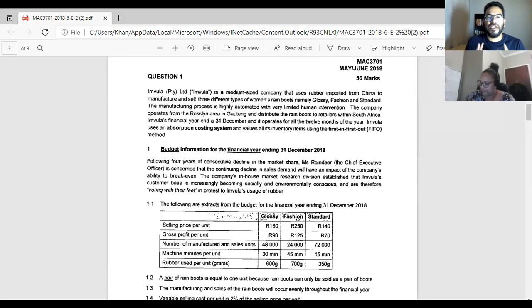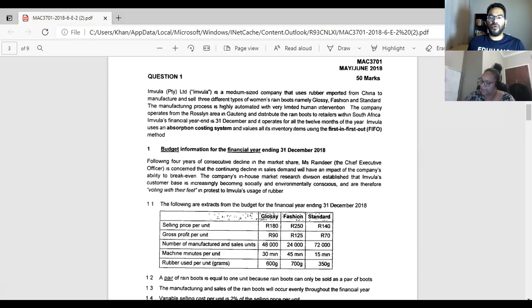It's not very big to understand that from a Mac point of view, but generally in accounting, it's nice to know that you must take note you're busy with a private company. They import rubber from China, and then they manufacture and sell 3 products.